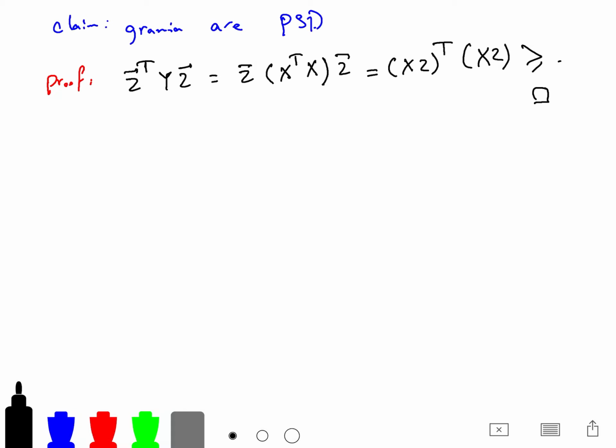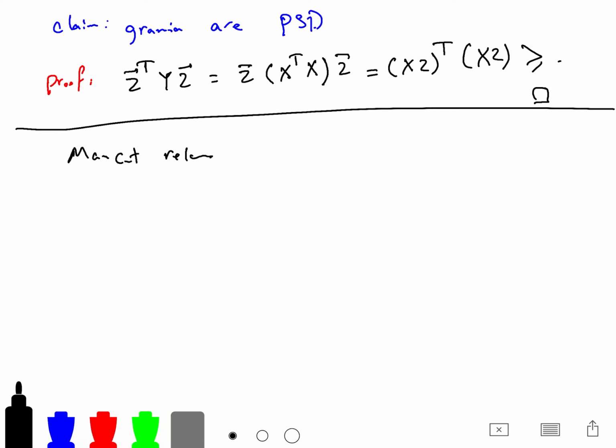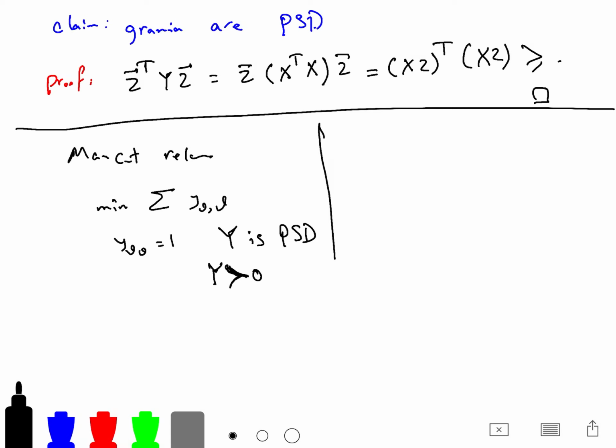So SDP is a linear program over entries of that positive semi-definite matrix. So the strategy for the max cut relaxation is that first you should solve this SDP problem: Y vv is 1 and Y is positive semi-definite. They write it in machine learning or any context like this, greater than or equal to 0.